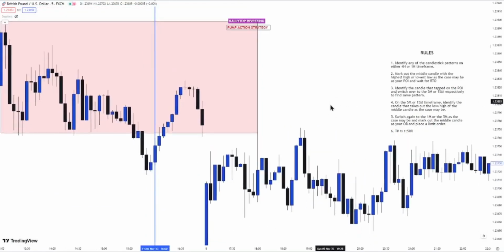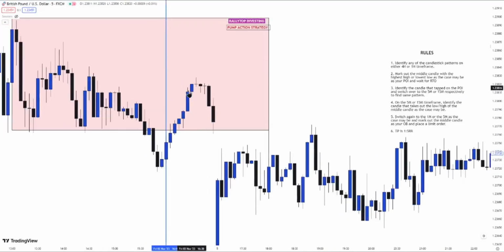Now, rule 4 says on the 5M or 15M time frame, identify the candle that takes out the low or high of the middle candle, as the case may be. Now, this is the first one after this vertical line.